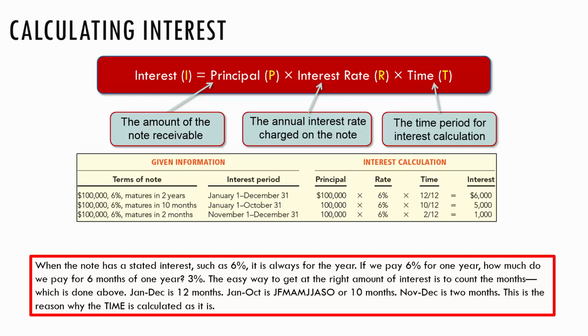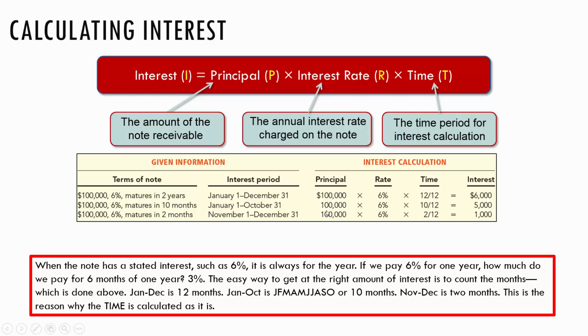On the second one, they take out a note, they buy something from us, take out a note, and it's for 10 months. Well, the interest is not going to be 6% for that particular one because it only goes 10 months. So 10 over 12 is the amount of interest which we would charge them, or they would pay us $5,000 in interest.